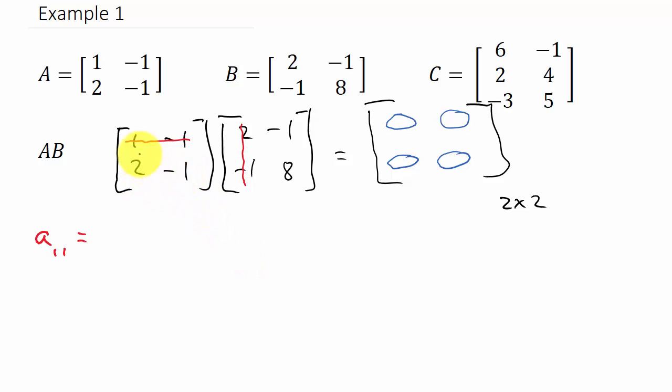So we have 1 times 2 plus -1 times -1. That's 2 plus 1, which is 3. So this entry here would be 3.